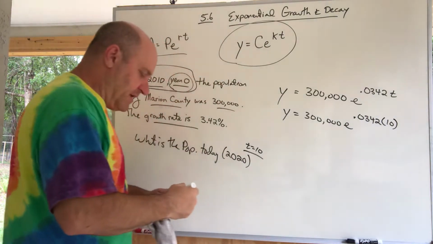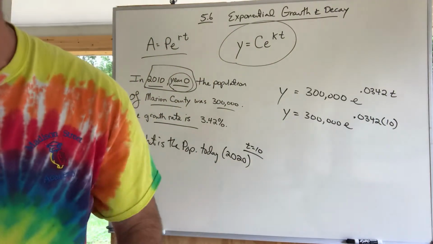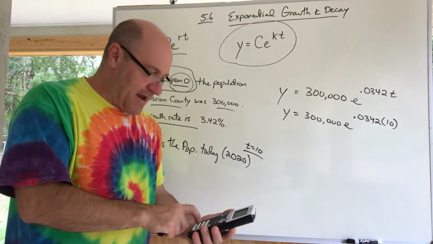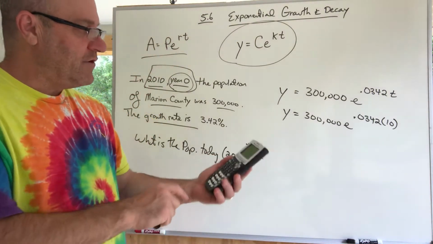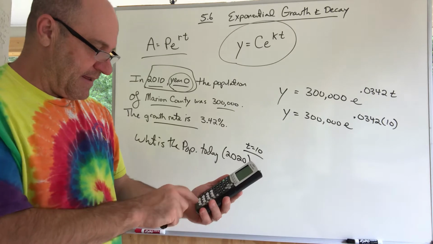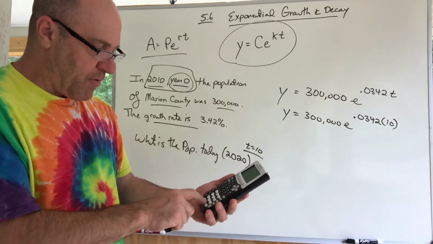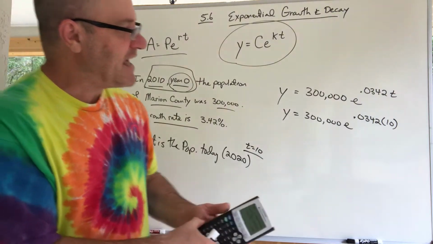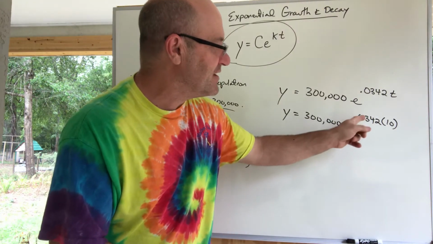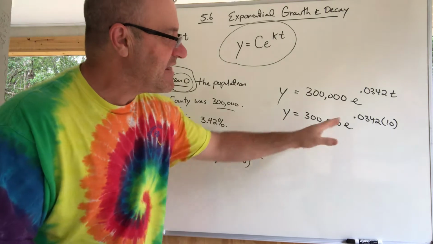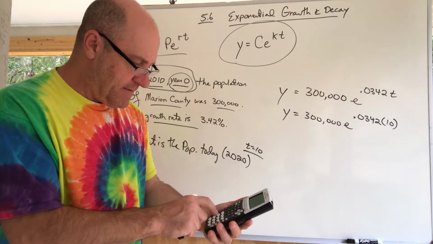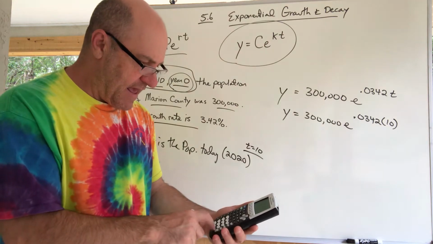So hopefully you've been working in this chapter a little bit. You've got to practice using your calculator. I need my glasses and my calculator, and I can finish this problem. You can do it a couple ways. You can take the 0.0342 and multiply by 10. That changes it to 0.342. It moves the decimal. But now I have to e that number. So I'm going to my e button and e that answer.